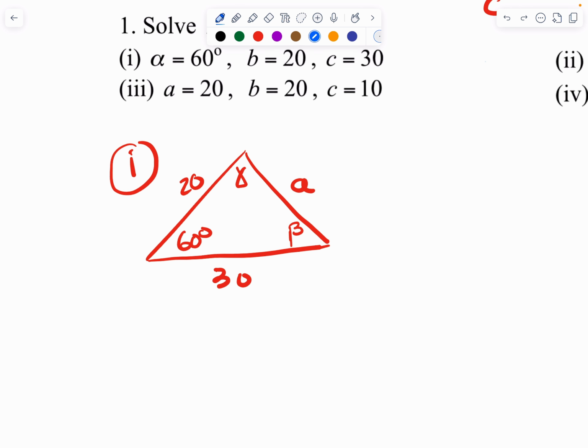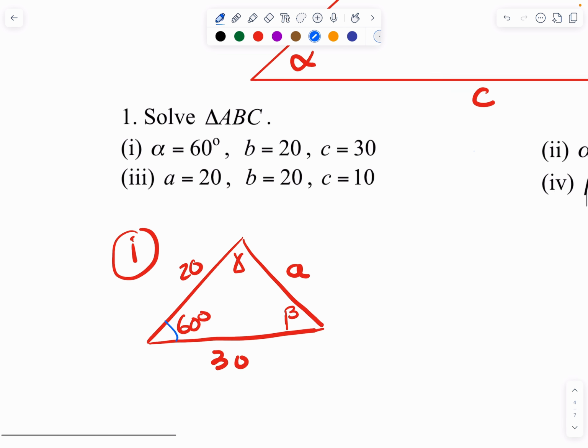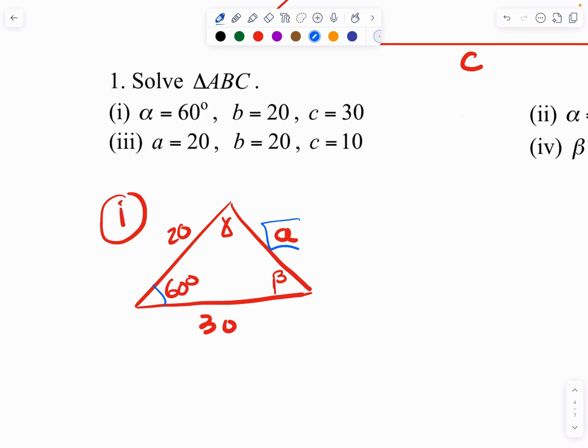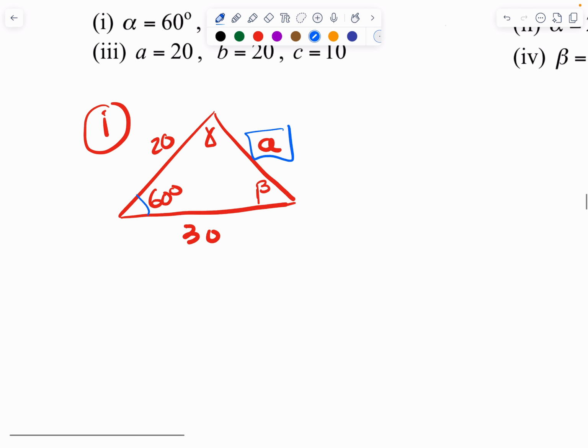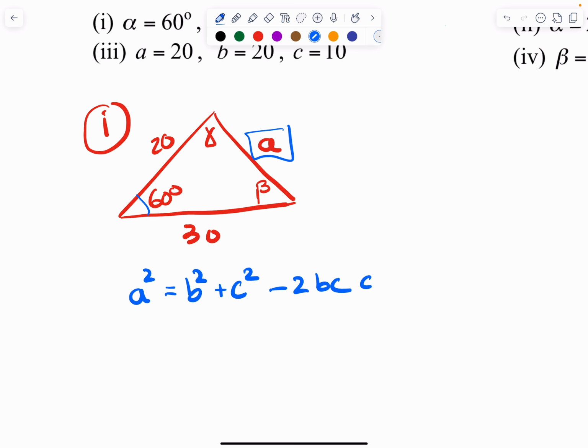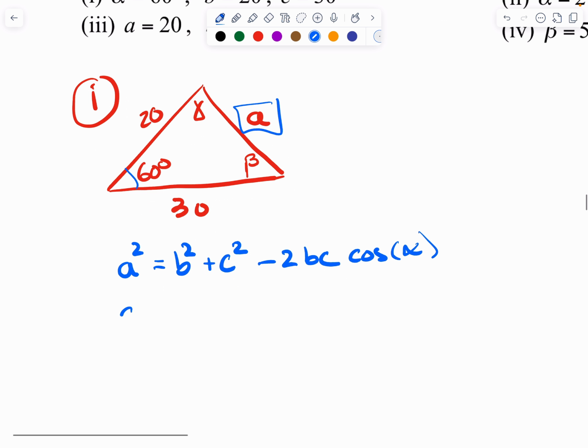Since I know angle alpha, and I want to compute side A using the law of cosines, I'm going to set this up with A squared on the left side, and then the B and the C. Let's fill things in.